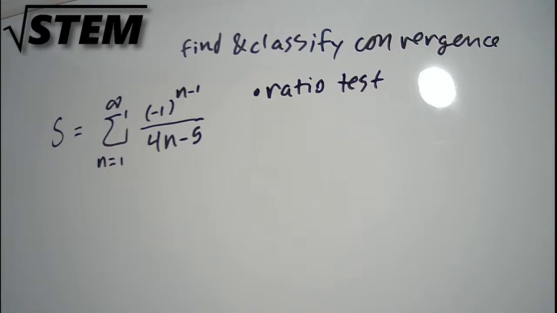Let me look that up again just to double check the details of it. Because the different tests for convergence have, I'm sure you know this since you're in the class, different conditions for how you interpret the result.